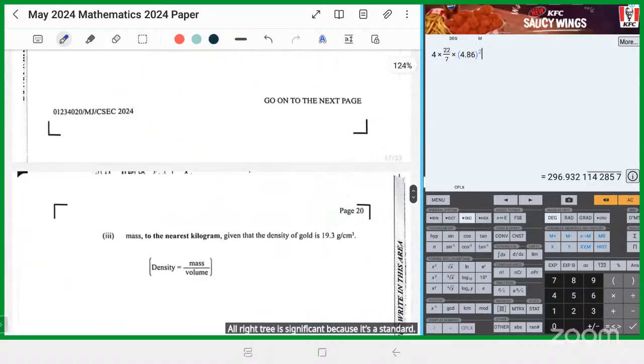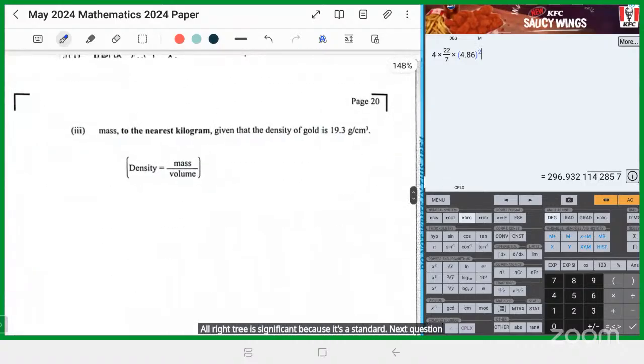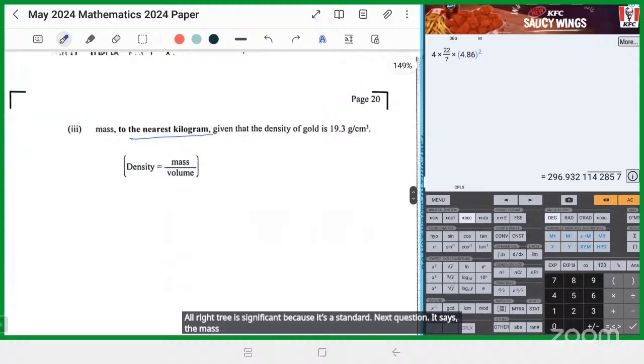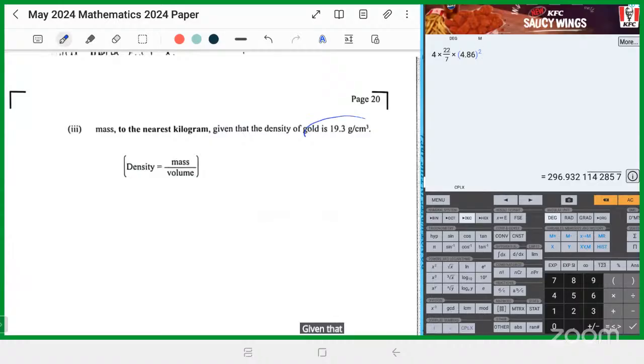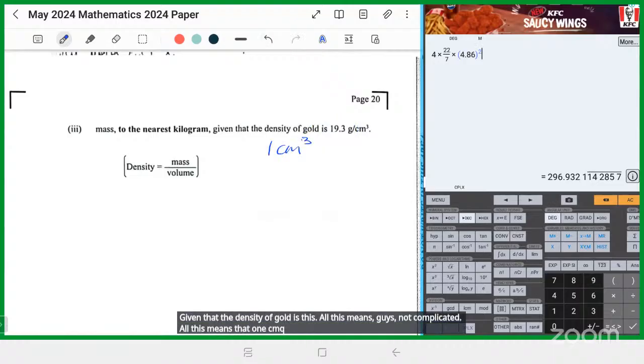All right, next question. It says the mass to the nearest kilogram, which means you don't put in the decimal; you put the nearest whole number. Given that the density of gold is this, all this means, not complicated, is that 1 cm cubed is equivalent to 19.3 grams. And how much gold do we have?